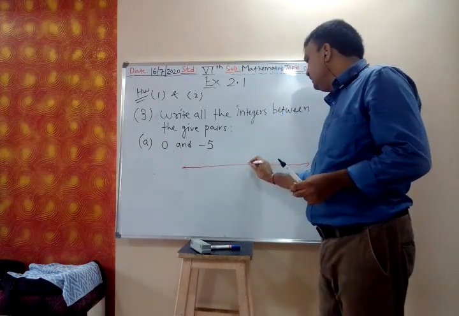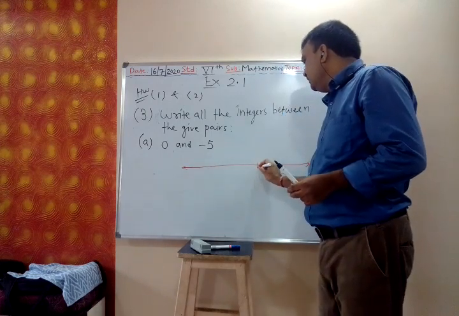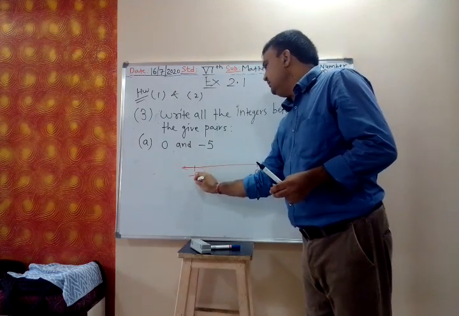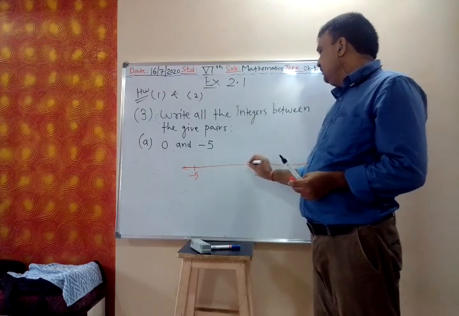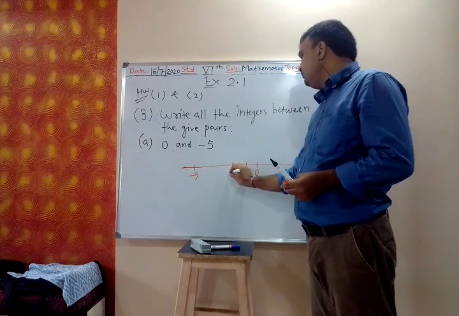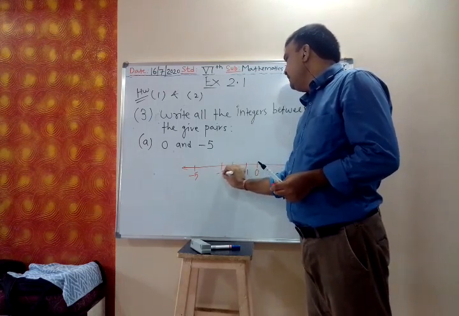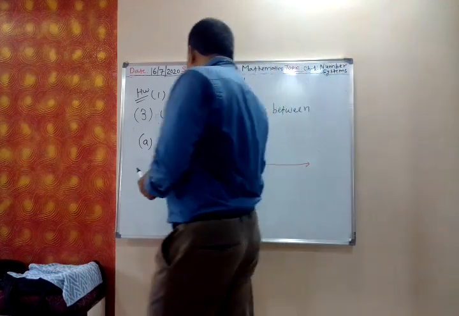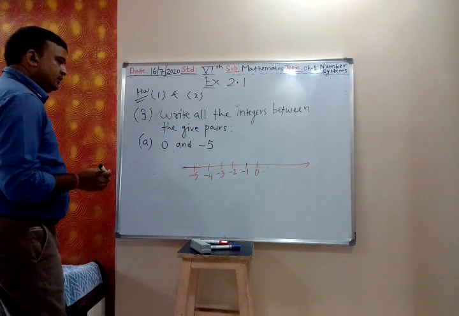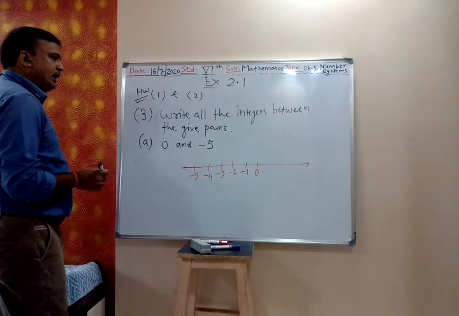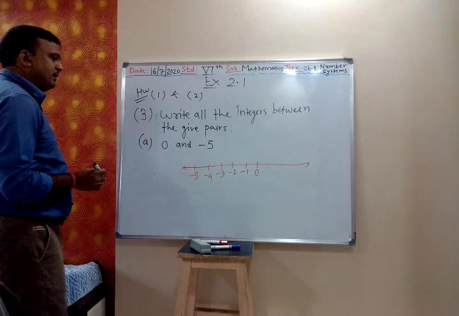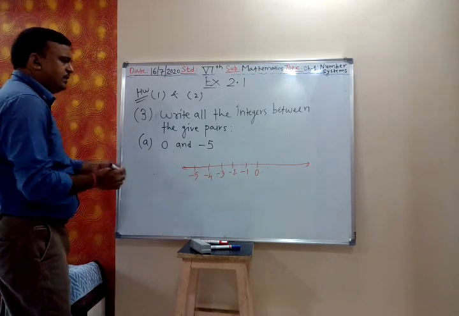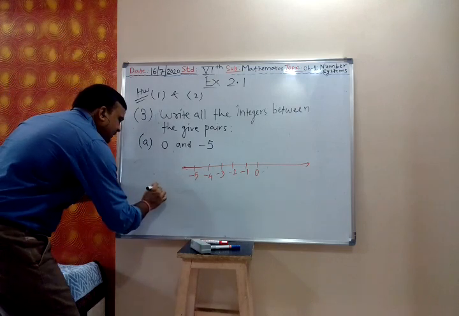This is 0, and this is minus 5. What are the integers between 0 and minus 5? We have minus 1, minus 2, minus 3, minus 4. So these are the integers. Write all the integers between the given pairs. Draw this number line.